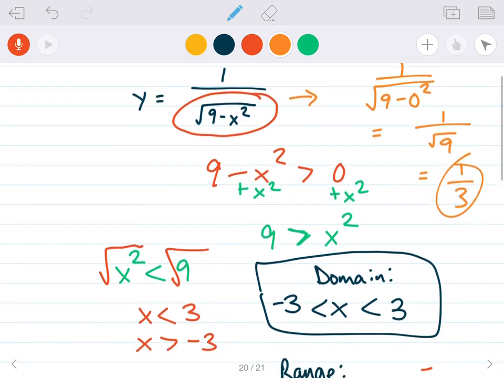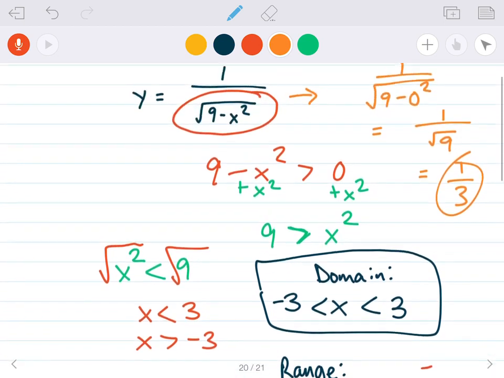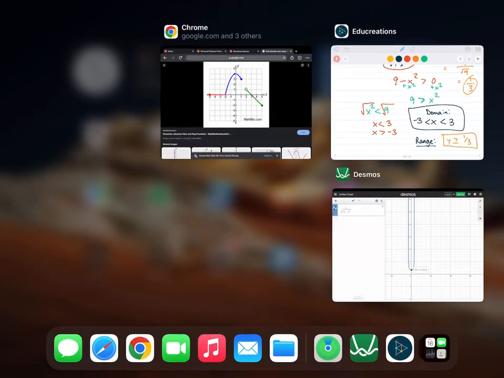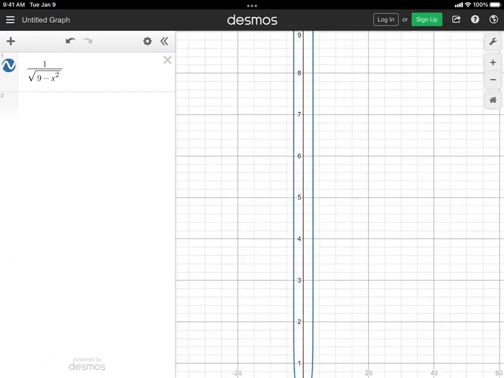So our range is going to be that, what is it, y? So y is going to be anything bigger than or equal to 1 over 3. Okay, because like if we look at it again, you know, the range is how far up does it go? It goes on up forever and ever.